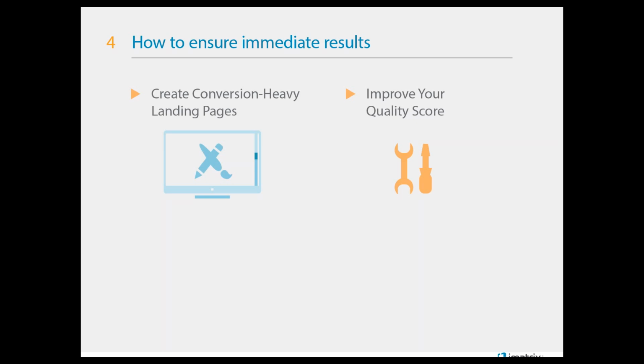Currently, accounts with a higher quality score, and this will give you an idea of how important it is, are granted something like a 16 to 50% decrease in cost per click. And people with a lower quality score can get anywhere from a 25 to a 400% increase in cost per click. So you can see how much money you can save or spend depending on that quality score.